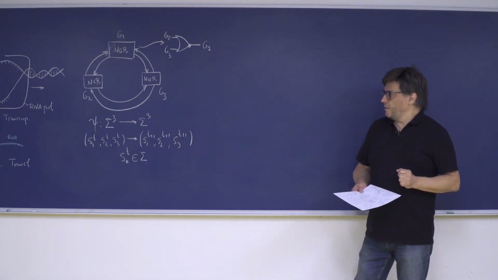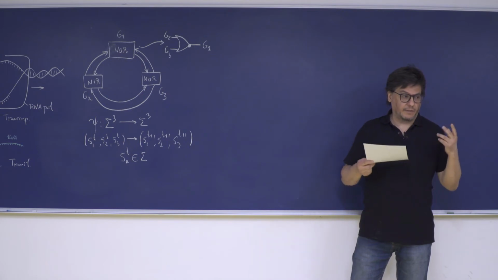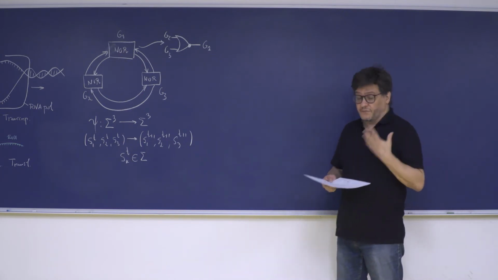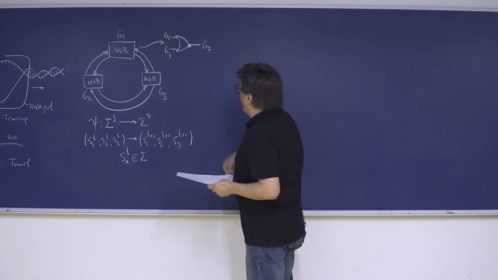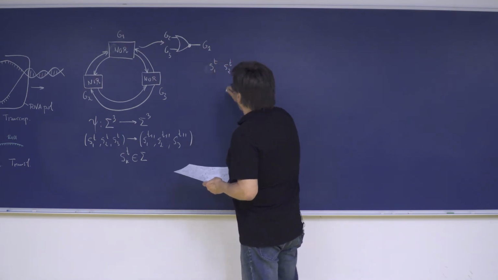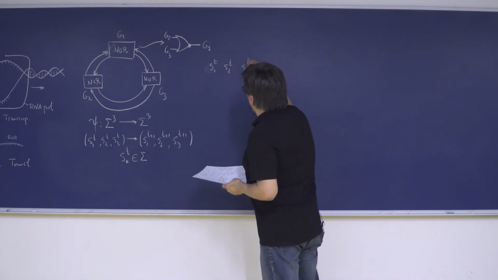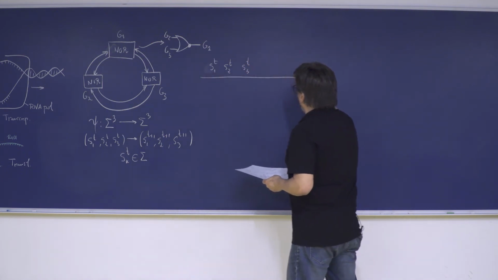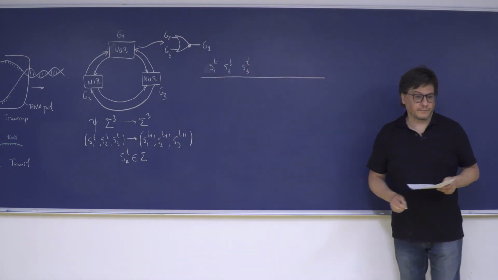So how can I work with that? How can I build the tables? And it's very easy again. Now I am having, let's say, S1 at time t, S2 at time t, S3 at time t. Now I have a larger table, okay?